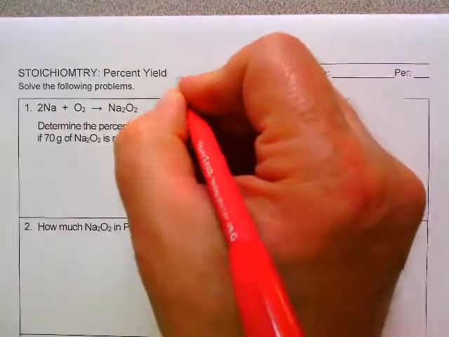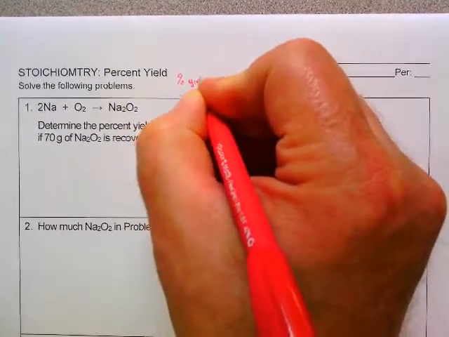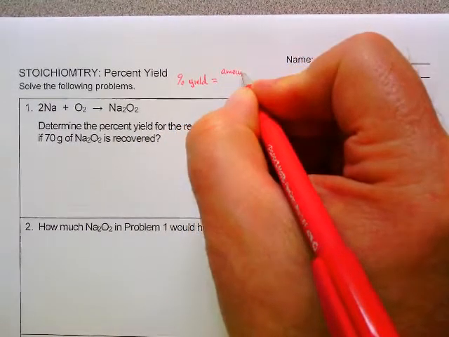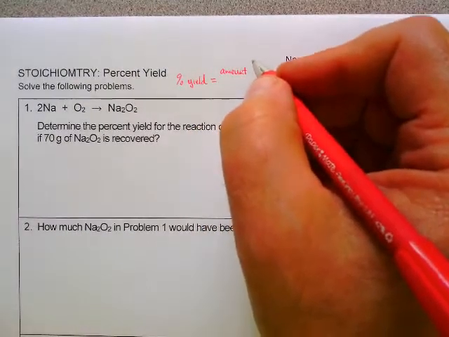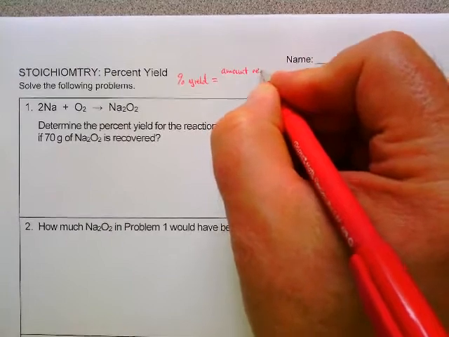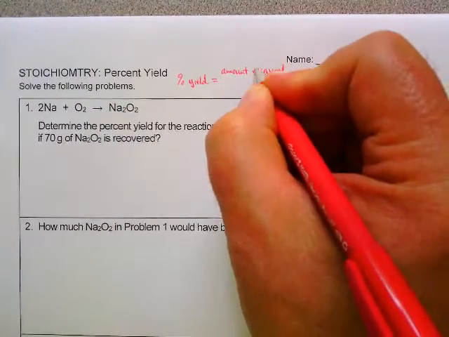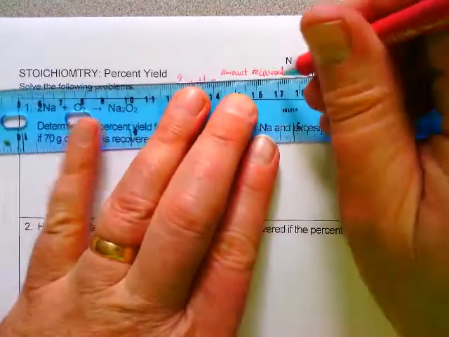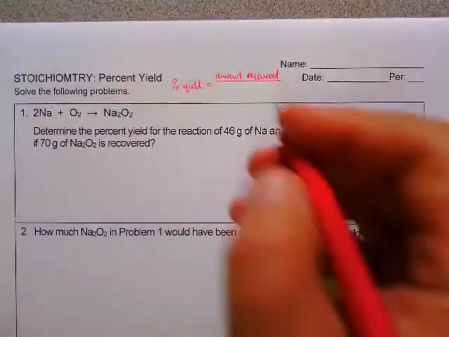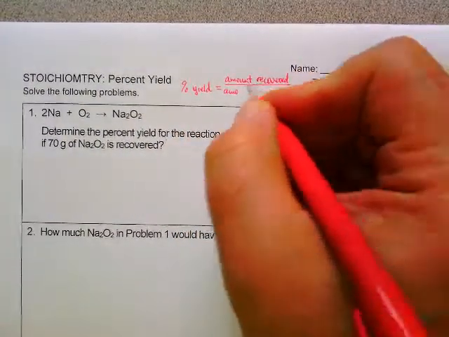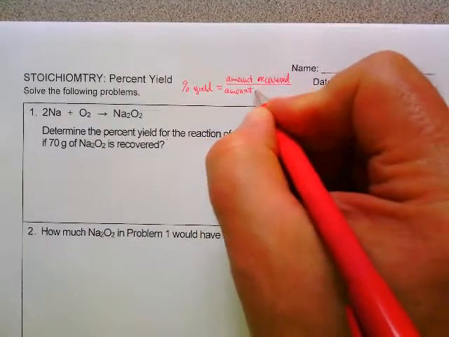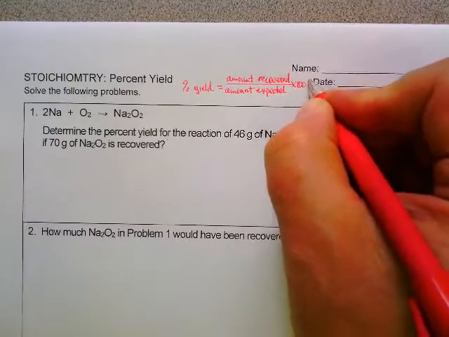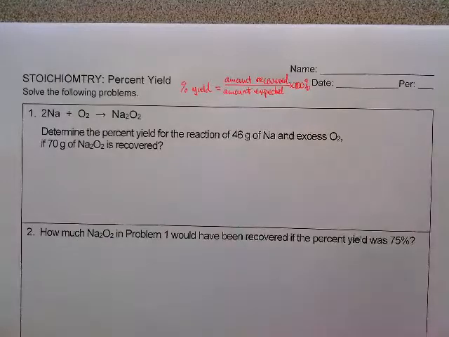Now, basically, percent yield equals the amount recovered divided by the amount expected, and then times 100% to, of course, make it a percent.